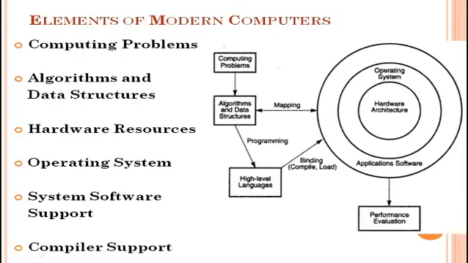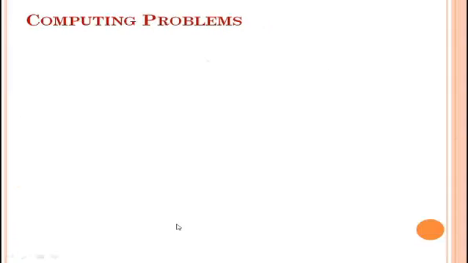Now coming to the first element of the modern computer, that is computing problems. A modern computer is an integrated system consisting of machine hardware, an instruction set, the system software, application programs and user interfaces. So these system elements are shown in the figure.